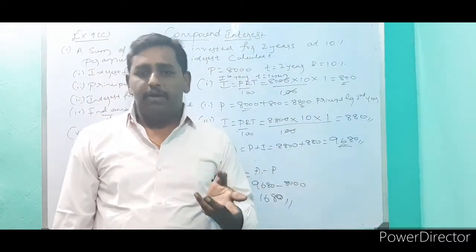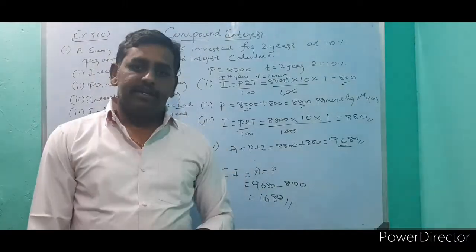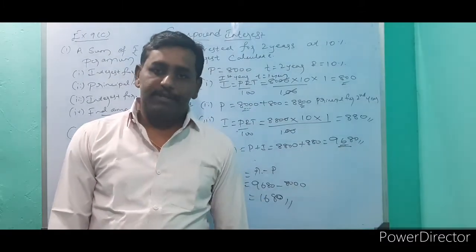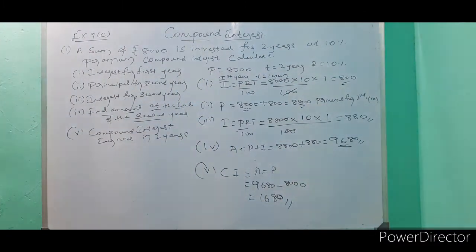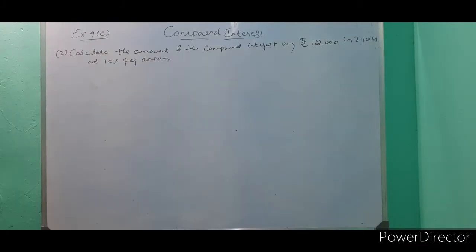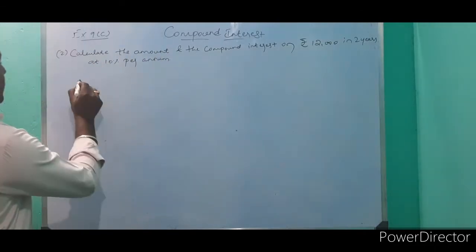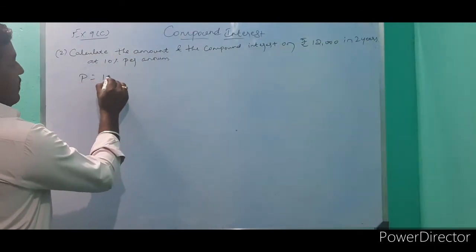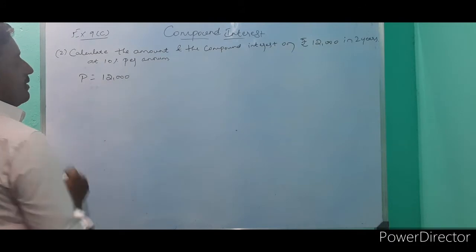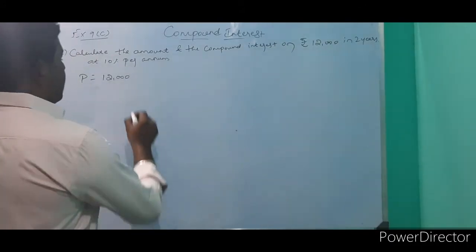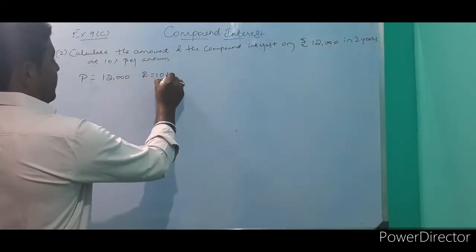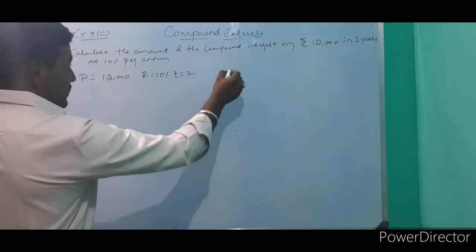In the next problem, I will show the direct method and also the formula method. In the next problem, calculate the amount and compound interest on the principal 12,000, time 2 years, rate of interest 10%.